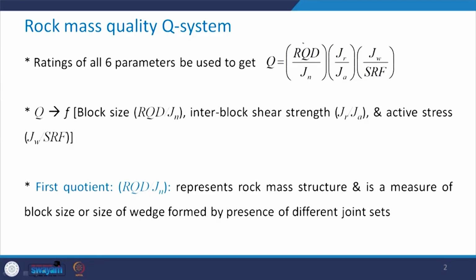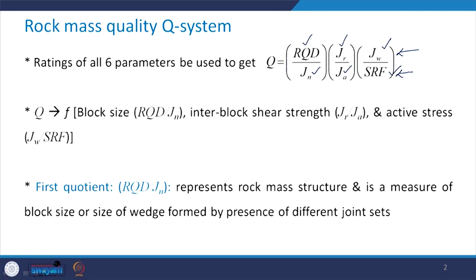So as I mentioned, we had 6 parameters: RQD, Jn, Jr, Ja, Jw and SRF. I mentioned to you that higher values of each of these parameters in the numerator represent better quality of rock mass, and lower values of the parameters in the denominator also represent better quality of the rock mass.